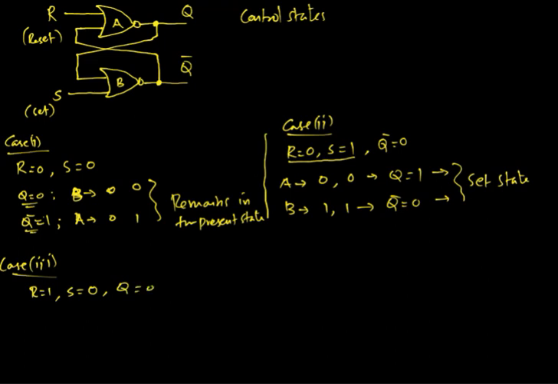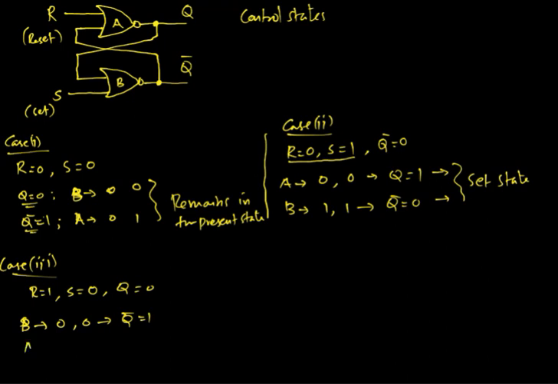For NOR gate B, whose inputs are S and Q, S is 0 and Q is 0, which makes the output of B, that is Q bar, equal to 1.